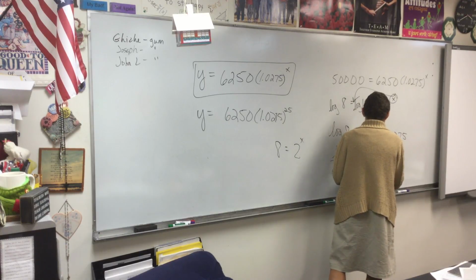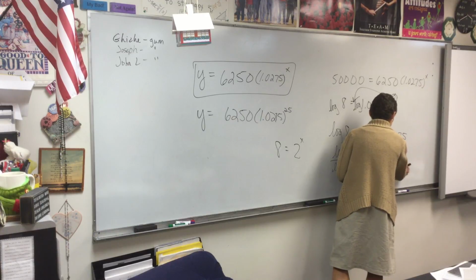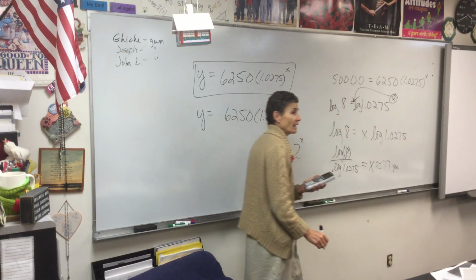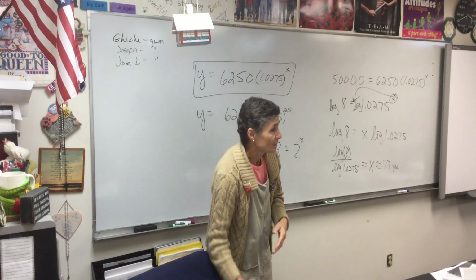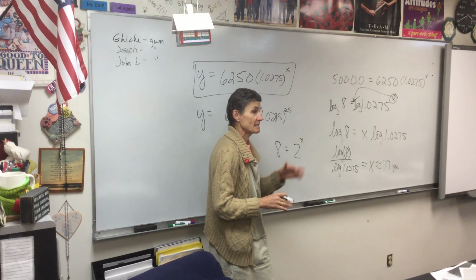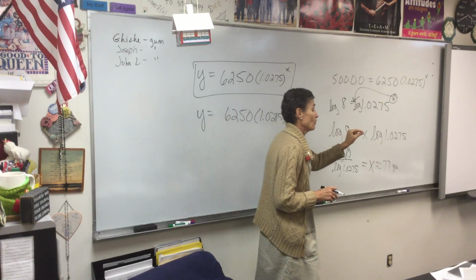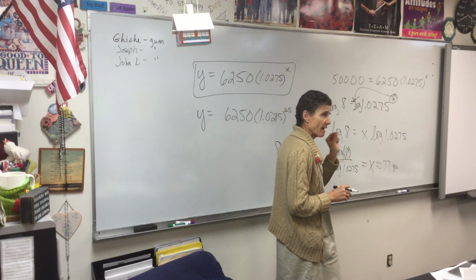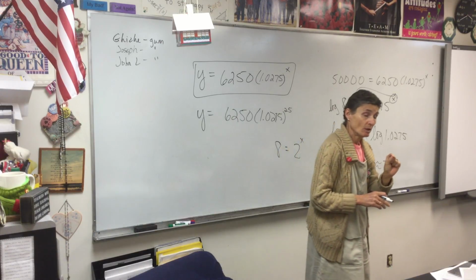And I'm going to round that off to about 77 years. It's a little bit less than 77. It's 76.65. Is that what you got? But just to keep it simple, I'm going to say 77 years. Now be careful though. What does the question ask? Yeah, it says in what year, okay?